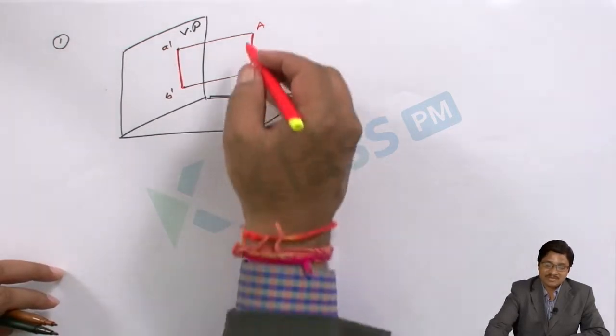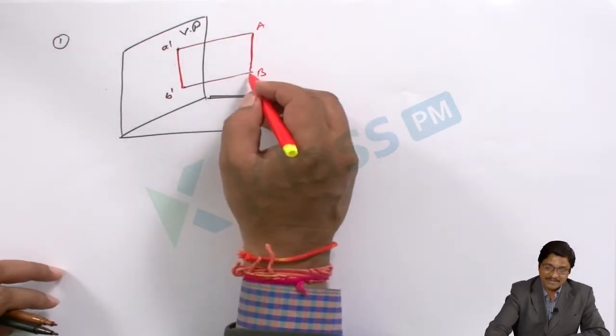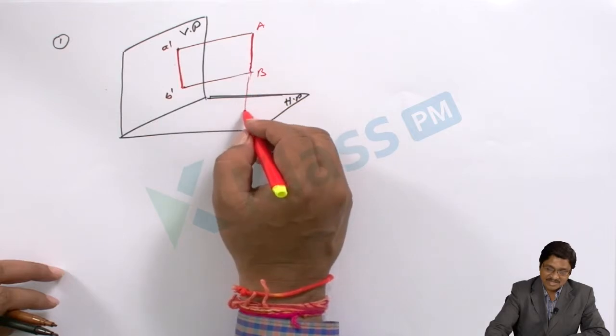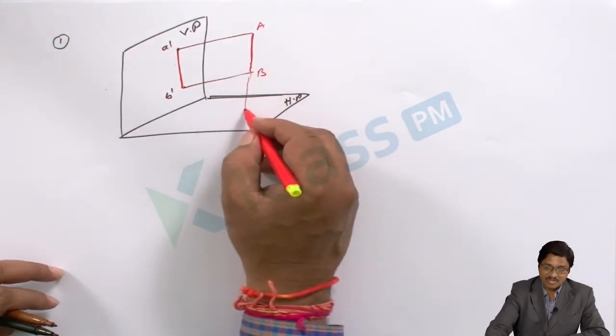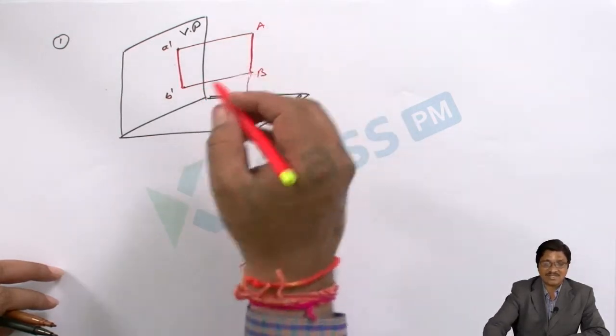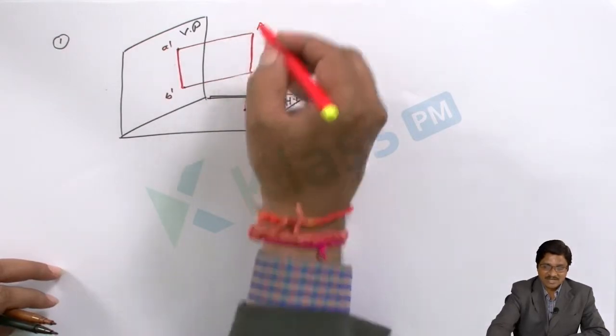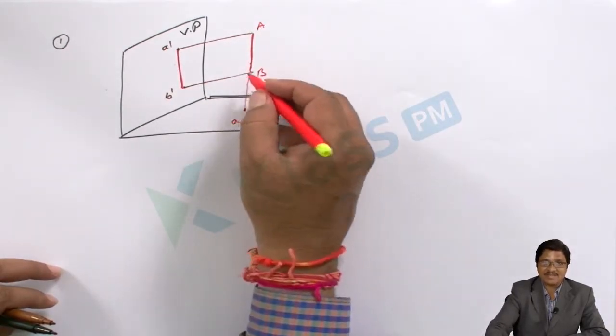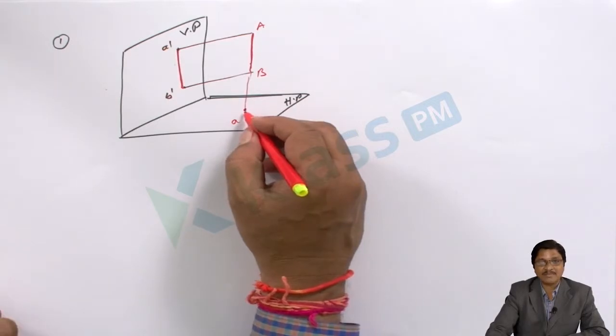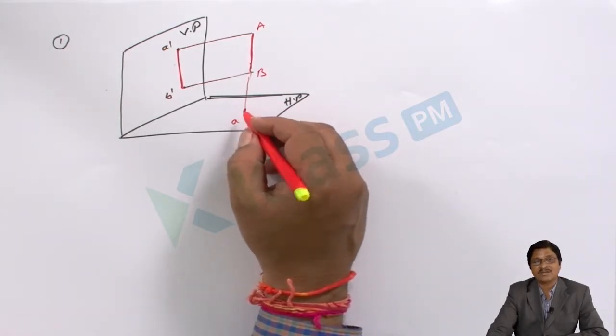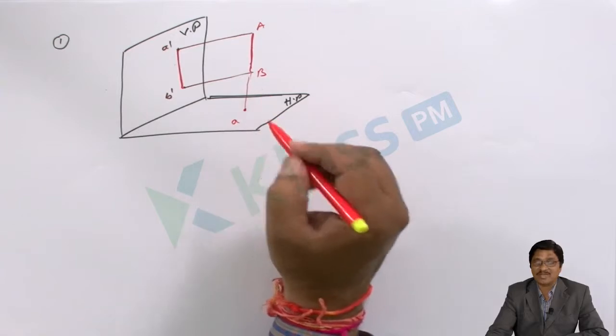Similarly for the top view, I draw the projection. A is projected here, and B is in the same line, so both appear as a point. A is the visible point, B is just behind that one. If you show only a single point, someone may ask what about the other point?